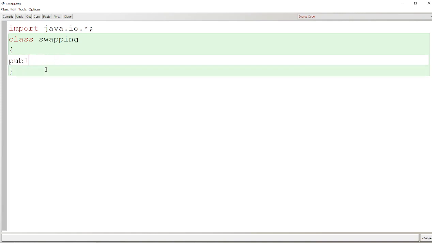You can avoid this, but don't try to avoid it; I prefer you write the complete form. So I am also writing public. In the previous lecture I wrote public here, but public is the default access specifier, so we can avoid writing it.